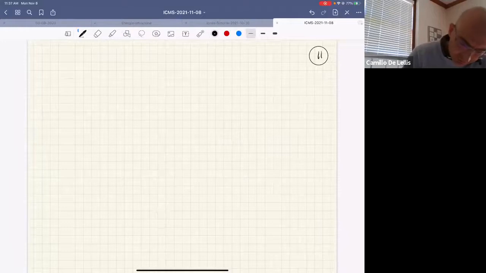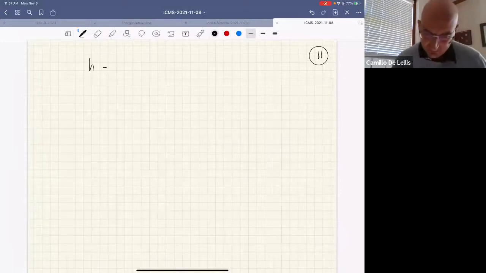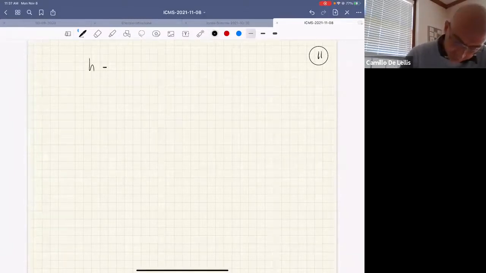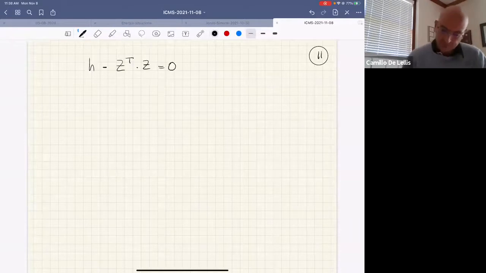So let me write it in the following way. What I want to solve is, say, finding for a function z with z transpose times z equal to my function h.